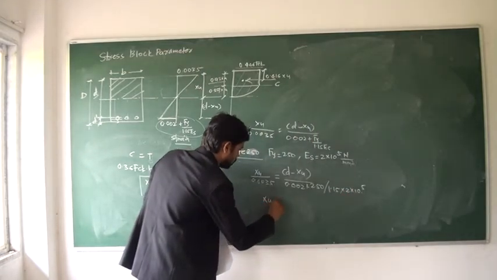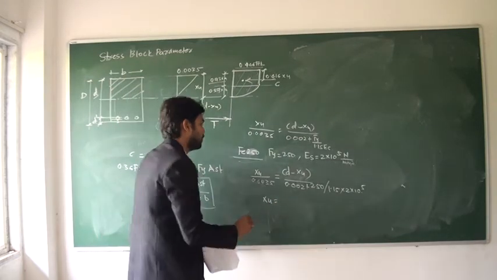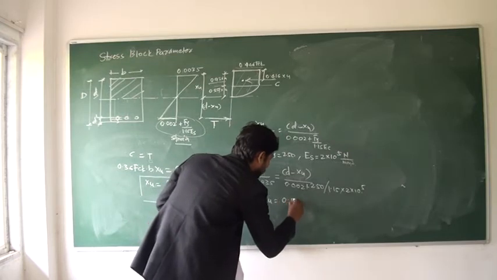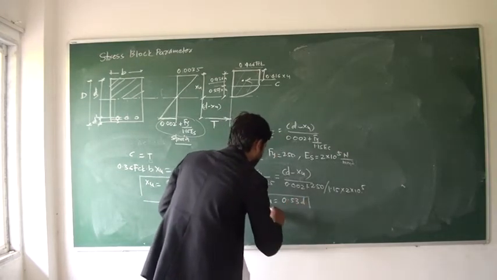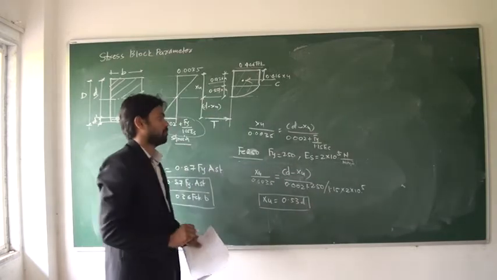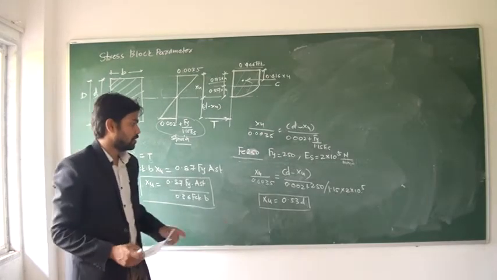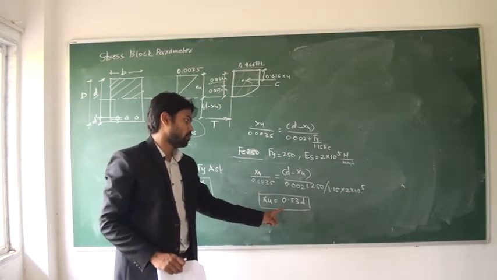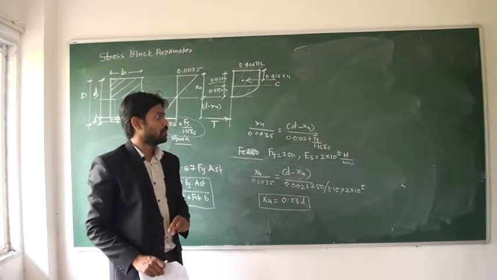Now if we rearrange it and calculate the value of xu, you will get xu equal to 0.53 d. So in a balanced section, the depth of neutral axis will be equal to 0.53 d for Fe250 grade steel.